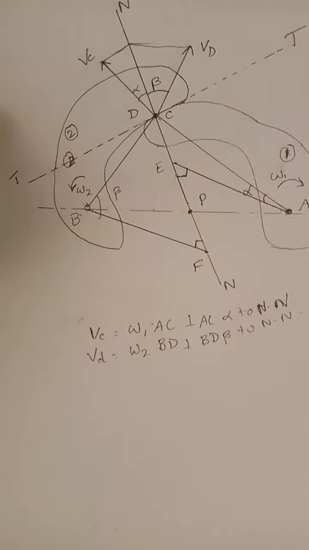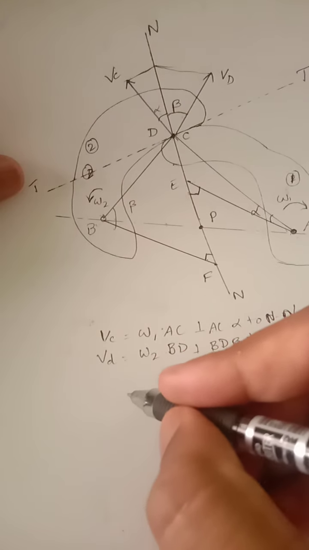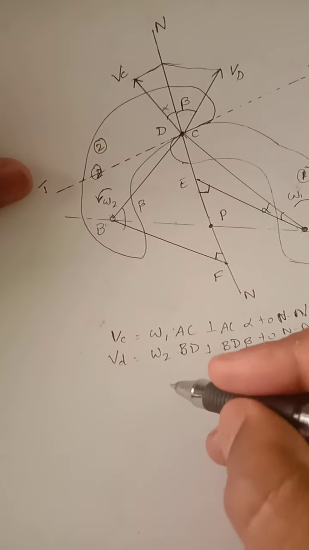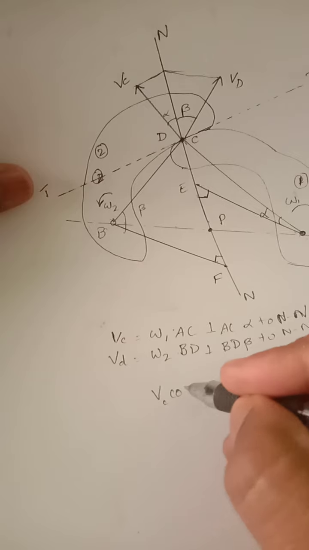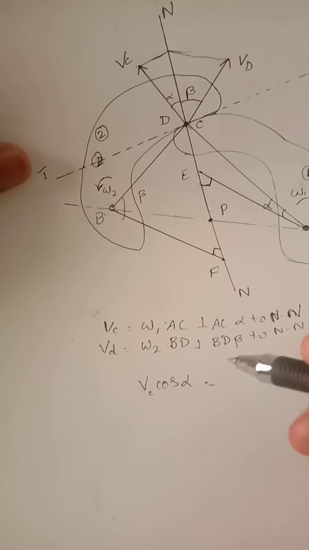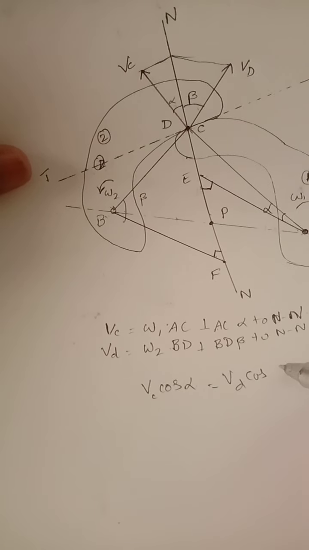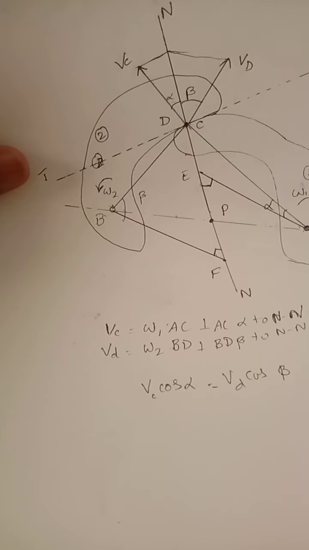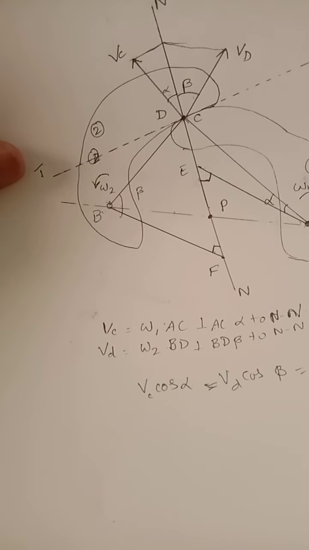So the relative motion along the normal direction must be 0 means VC cos alpha must be equal to VD cos beta, and this difference must be equal to 0. Now we will consider this relation. What is VC cos alpha?